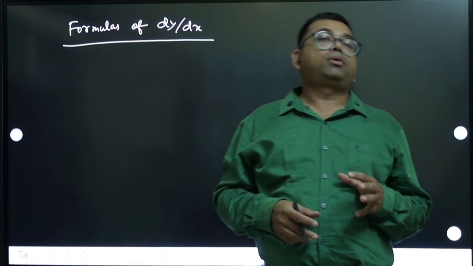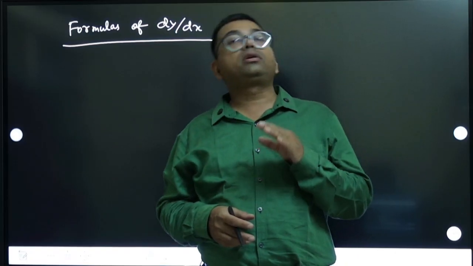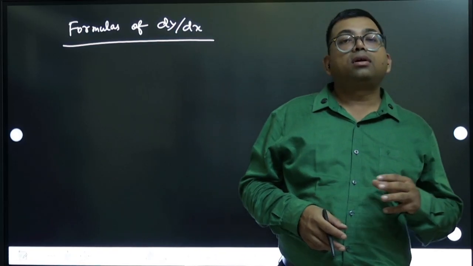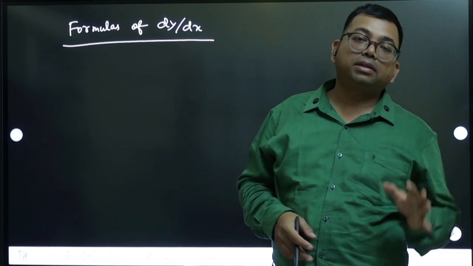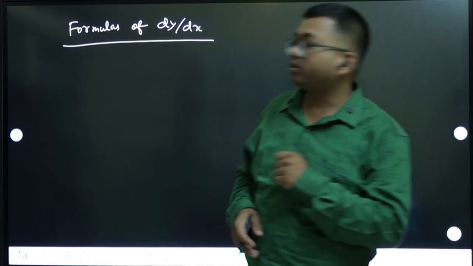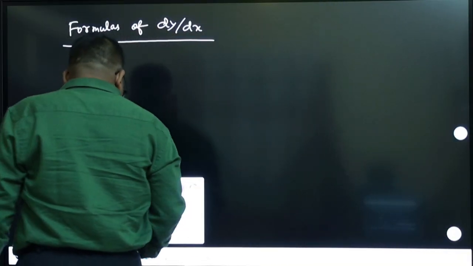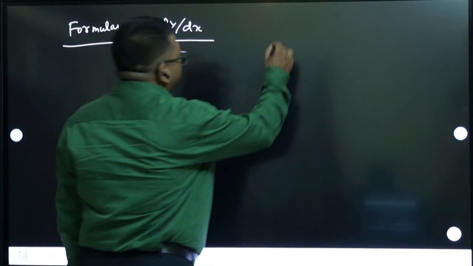You need to learn about that. So right now we are not going into that detail. But if you want a simple example, I will derive a simple example, and then I will write down the formulas. Okay, so first take a simple example.